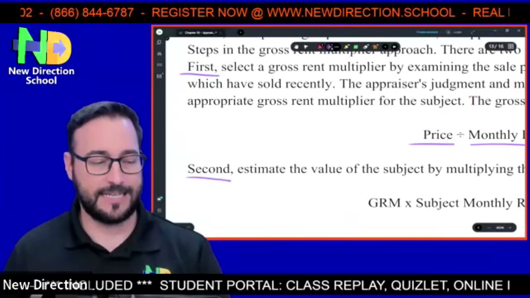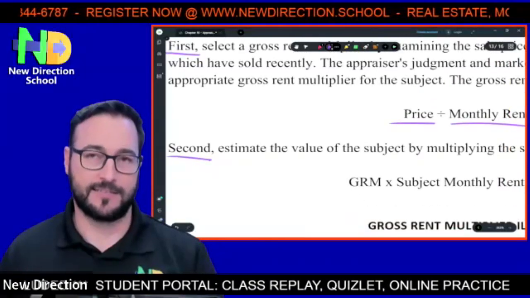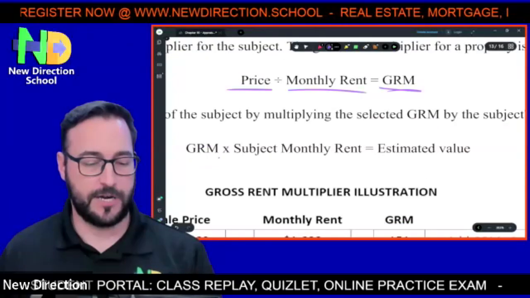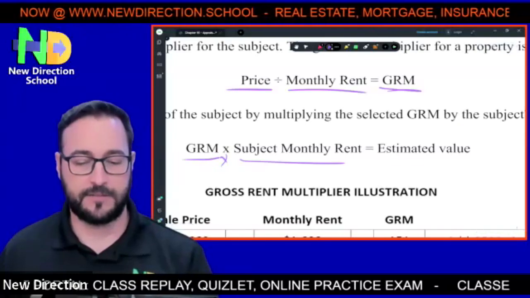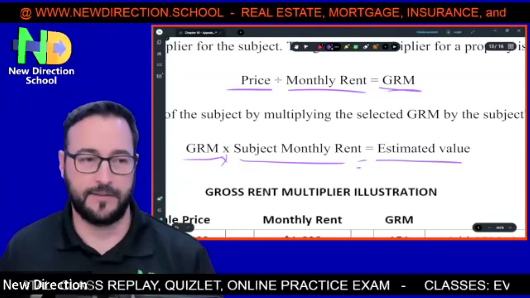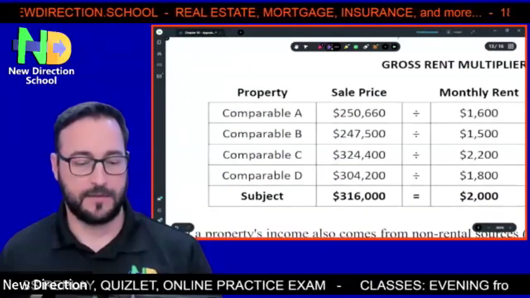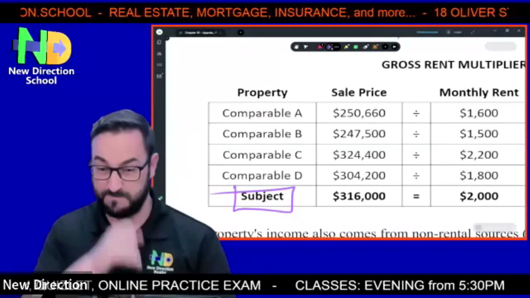Okay. So the second thing we're going to do, so that was first. Second thing we're going to do is estimate the value of the subject property by multiplying the selected GRM to the subject income property. So GRM times our property's monthly rent equals estimated value. Let's look at it real quick. This is our property right here at the bottom.